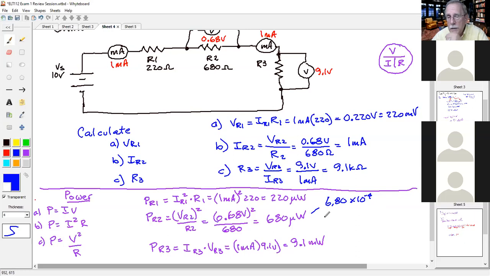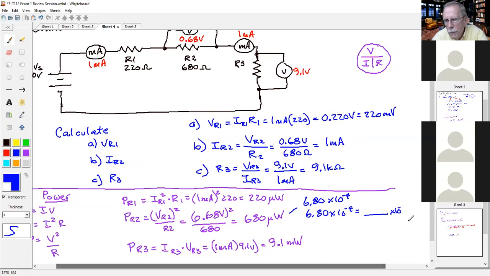Let's say I want to go to 10 to the minus 3, and that would be perfectly acceptable. I go 6.80 times 10 to the minus 4 equals what times 10 to the minus 3, right? So I'm going to a larger prefix. 10 to the minus 3 is larger than 10 to the minus 4.